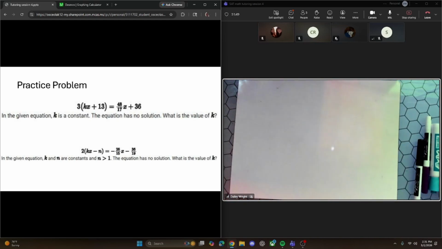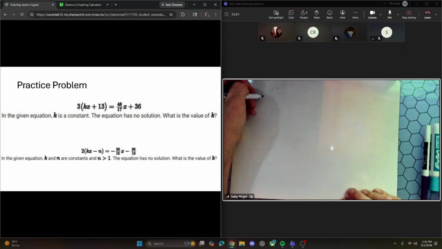In the given equation, k and n are constants and n is greater than 1. The equation has no solution. What is the value of k? So we see that x, so we're automatically going to want to distribute everything here.